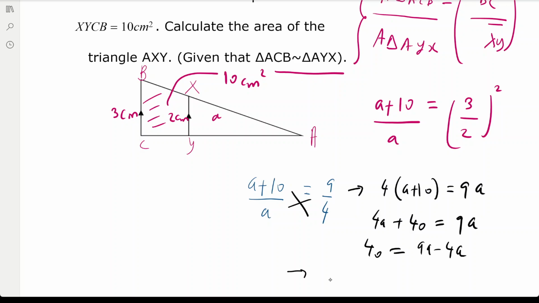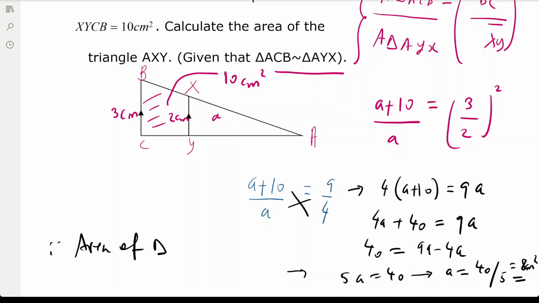For this case, you have 5A equals 40. Eventually, you get A equals 40 over 5, which is 8 centimeters square, dear students. So we can conclude that the area of triangle AXY equals 8 centimeters square.